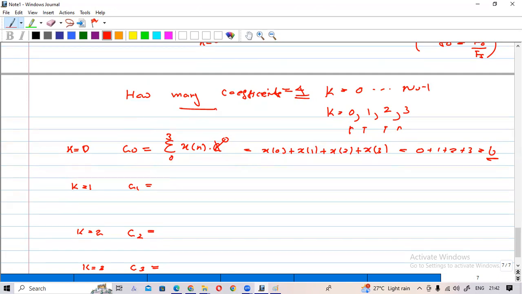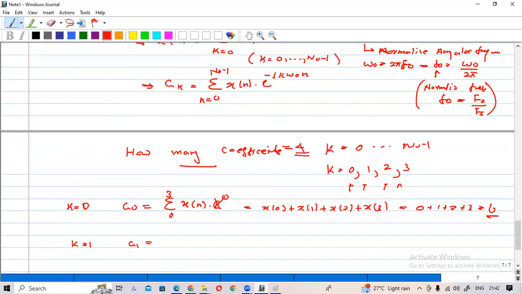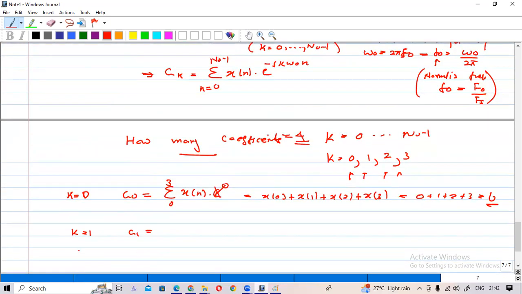So how to calculate? The same thing you have to use. This one you have to solve. k is equal to 1 now. So you can calculate the sum for n from 0 to 3, and this time this part will not be 0: e to the power minus j, k is 1, omega naught n.